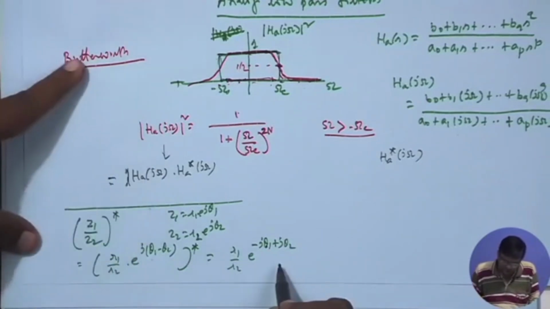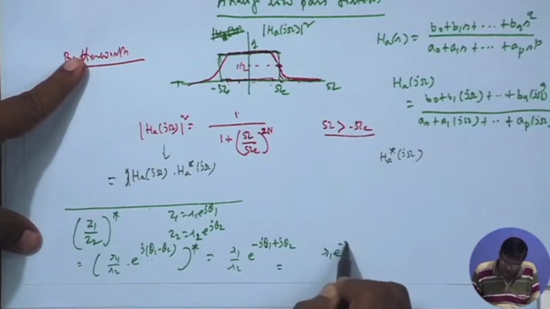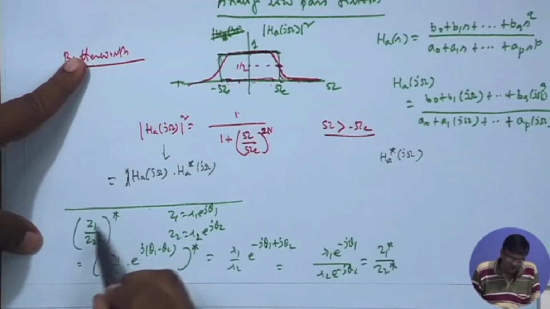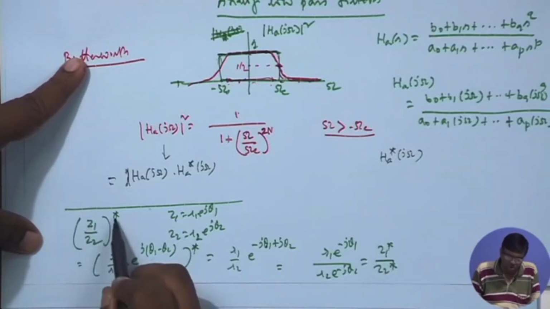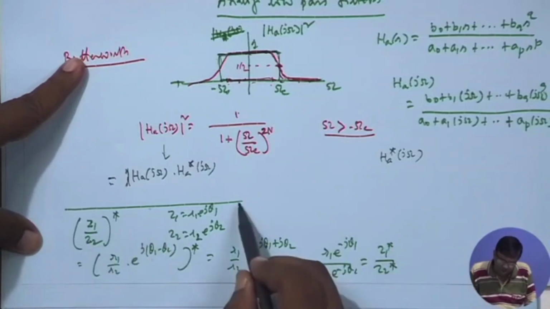Which means you can write it as r1 e to the power minus j theta 1 divided by r2 e to the power minus j theta 2. When it goes up, it becomes plus, which means z1 star by z2 star. That is, the conjugate of a ratio of two complex numbers is the same as first taking the conjugate of the two complex numbers separately and then taking the ratio. That is one property.